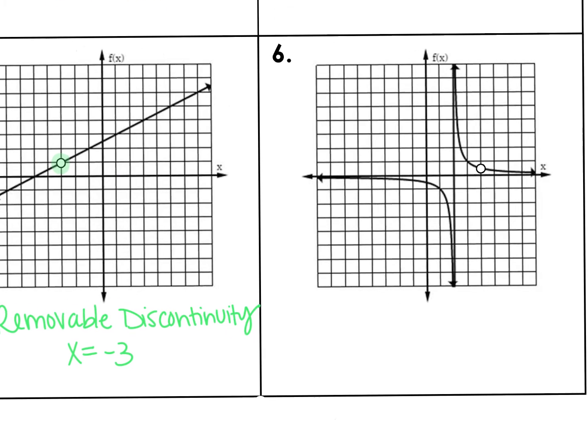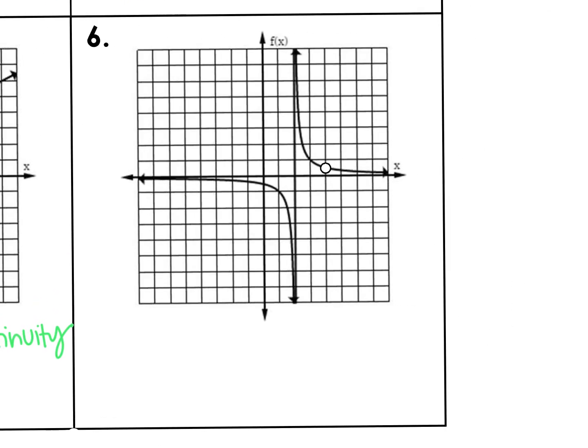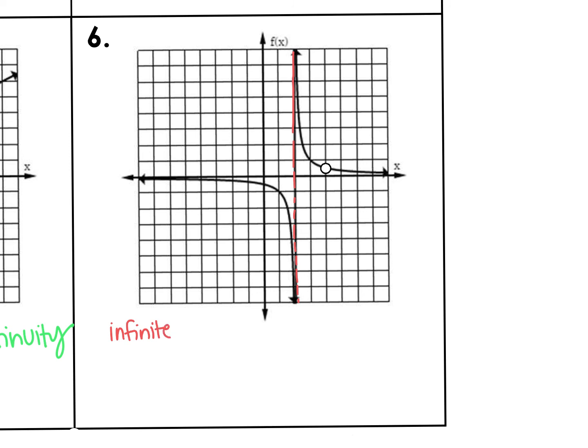And then finally number 6. Oh, number 6, it looks like I have a couple of different kinds of discontinuity. It looks like I have an asymptote here that my graph is getting really, really close to on both sides, that my graph is approaching. So that would be considered infinite discontinuity. And the x value of the location of the asymptote is at 2.